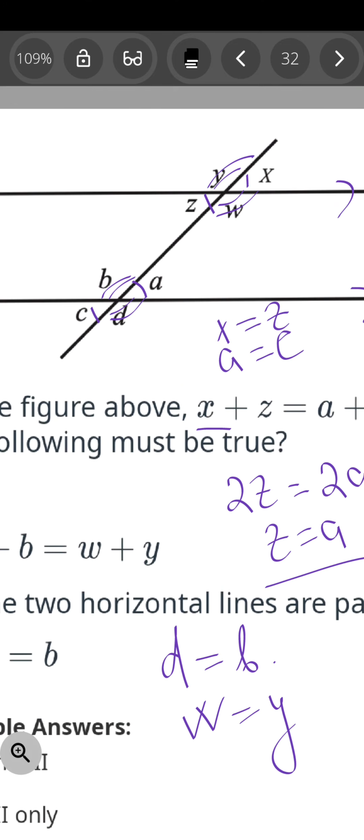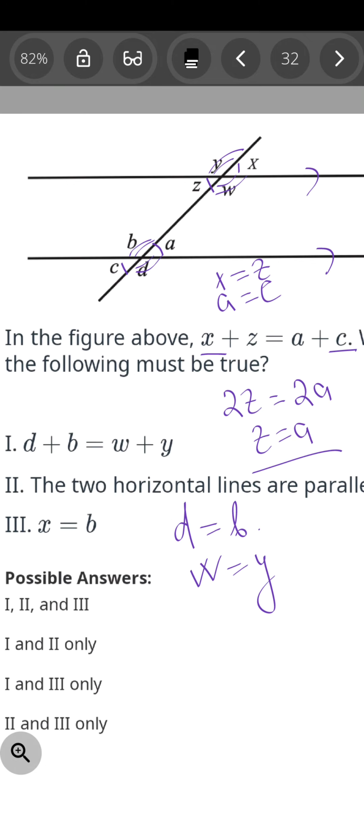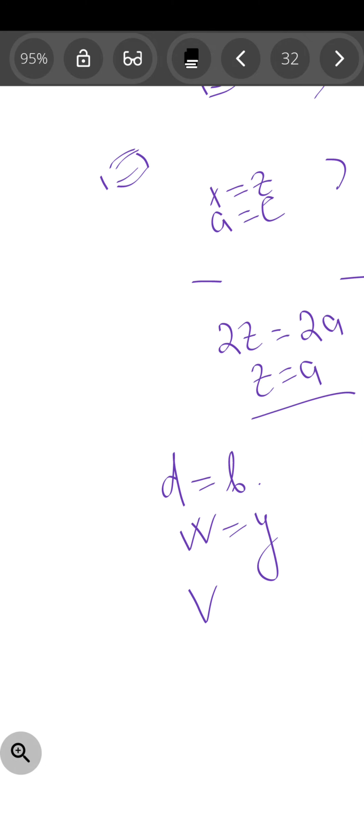In the other case, the angles W and B are alternate interior angles, so they must be equal.